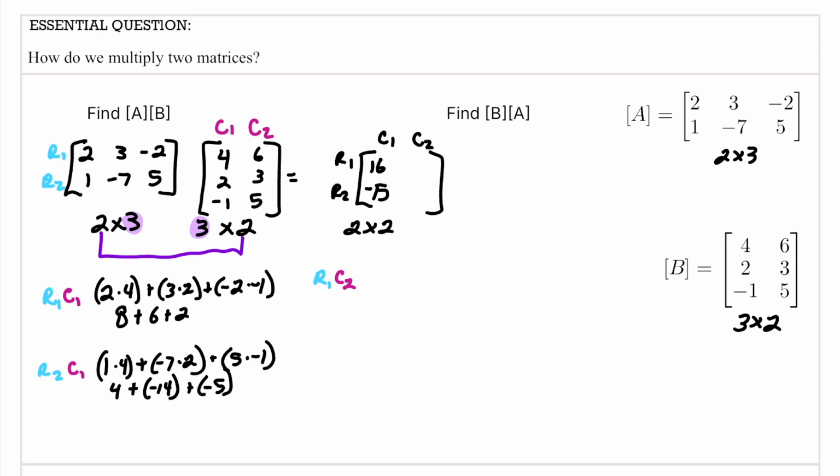So that's going to be 2 times 6 plus 3 times 3, and then negative 2 times 5. That's 12 plus 9 plus negative 10, which will be 11. Then we do row 2, column 2.